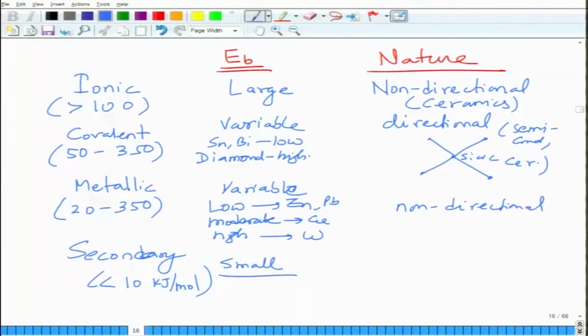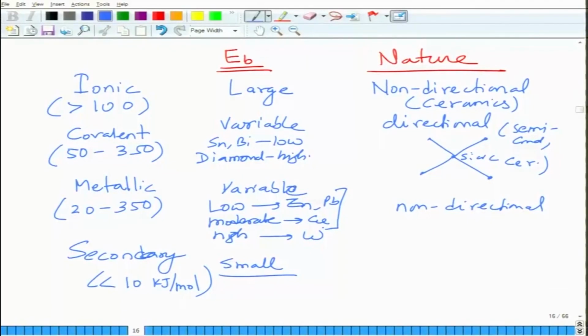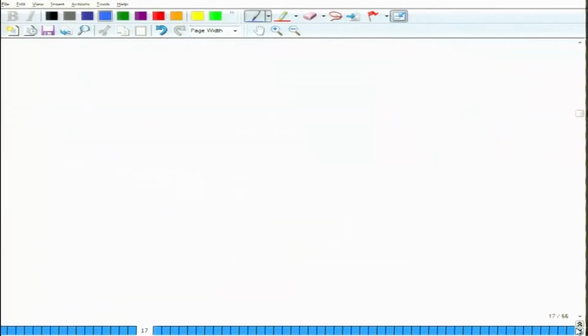Because of the moderate bond energy, metals are also ductile. If bond energy was very high, they would not deform very easily. Most metals have moderate or low bond energy, which is why they deform easily. Secondary bonding tends to be in polymers, for example; it is directional because it is between the chains, or it could be intermolecular as well. All right.